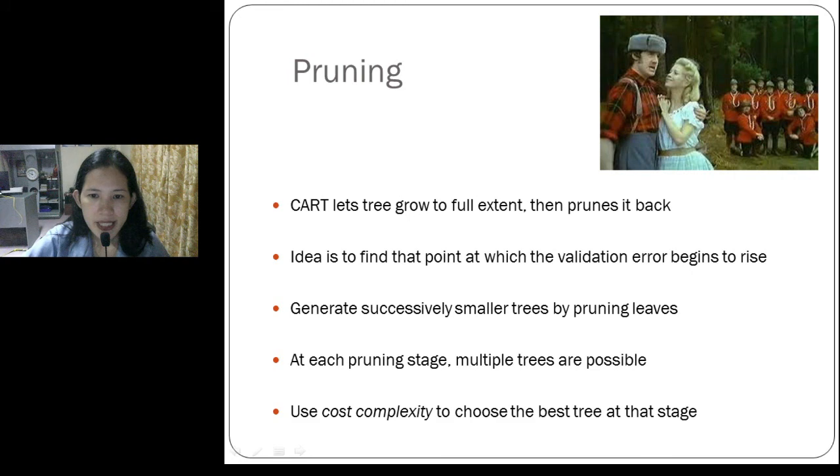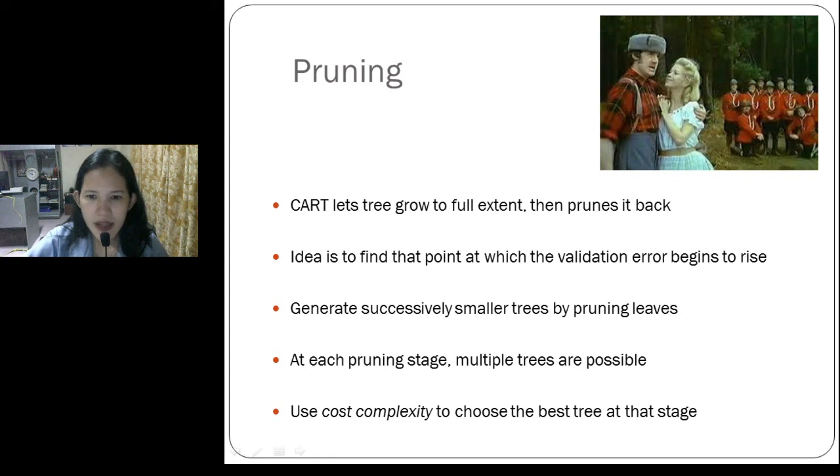In the mower example, the last few splits resulted in rectangles with very few points. Four rectangles in the full tree had a single record. We can see intuitively that these last splits are likely just capturing noise in the training set rather than reflecting patterns that would occur in future data, such as the validation data.